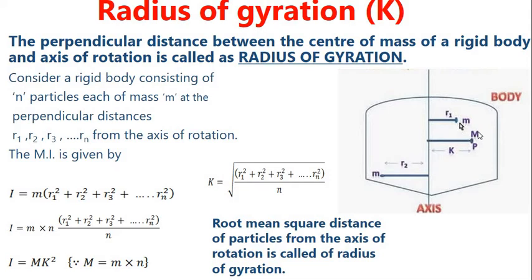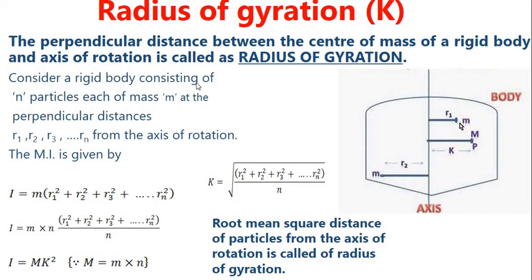That point is called center of mass. This is the perpendicular distance between the axis of rotation and that point P. That distance is k, the radius of gyration.